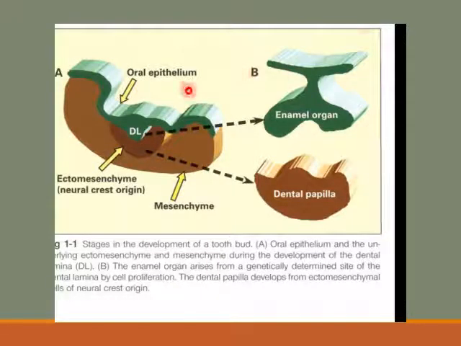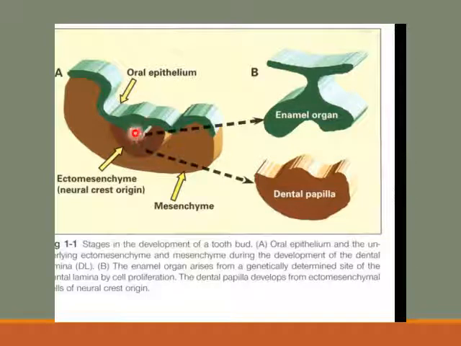This diagram represents the two layers, as we said before: the oral epithelium, the green one, and the brown is the mesoderm, and the dark brown represents the ectomesenchymal cells. The oral epithelium begins to thicken in 10 areas in the upper and 10 areas in the lower jaw.